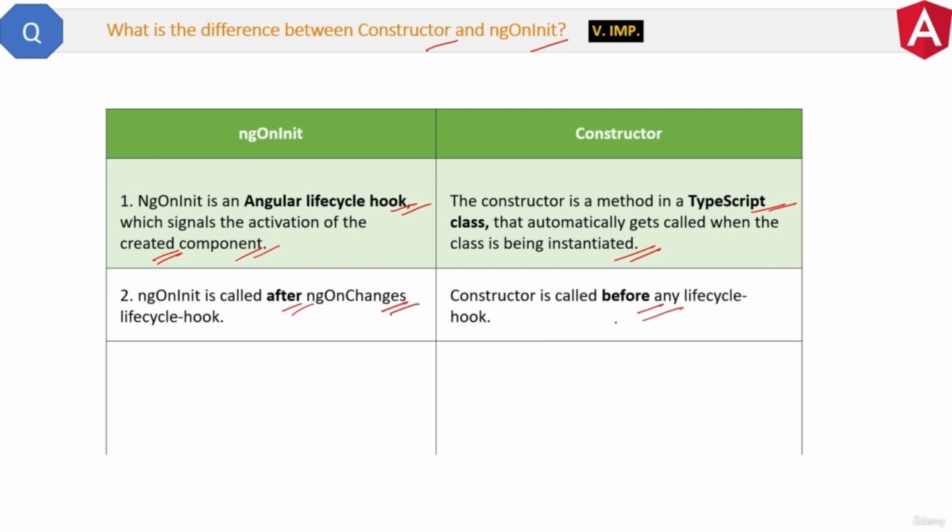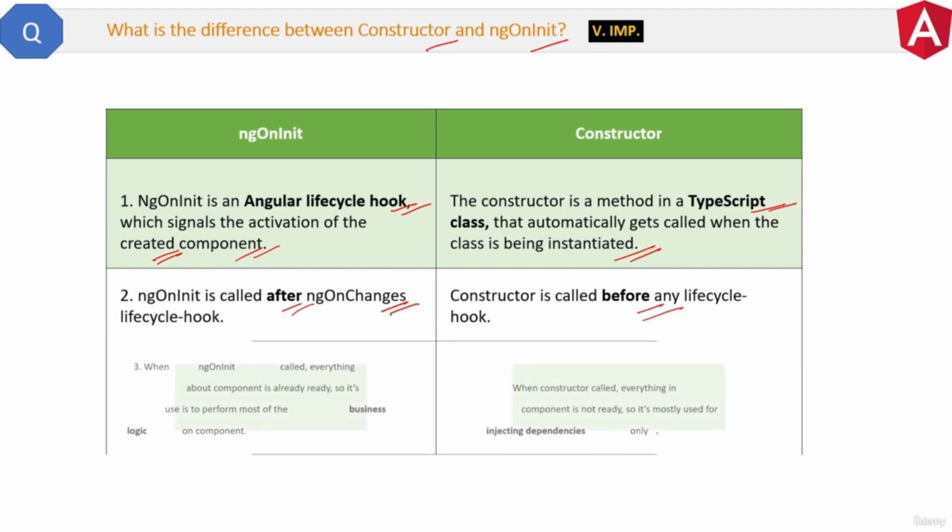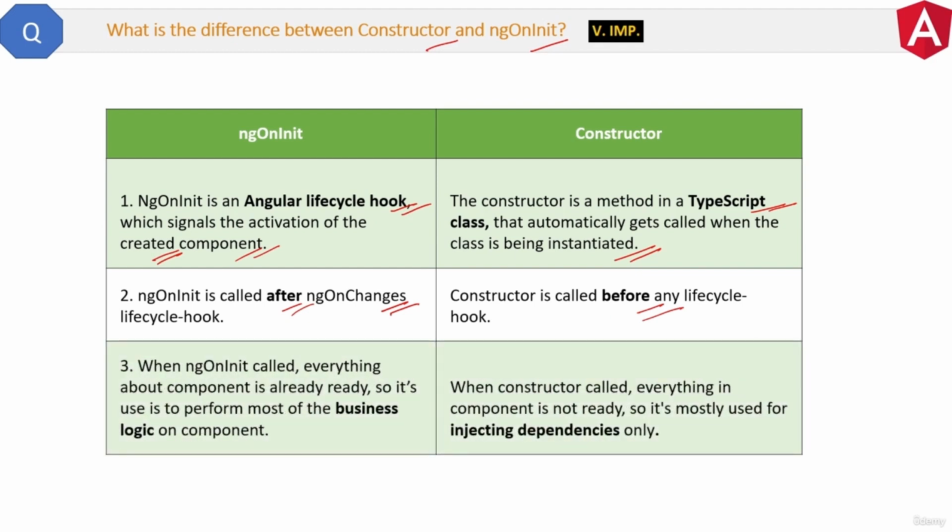Now the most important difference is when to use ngOnInit and when to use the constructor. This can be a separate question, and it's a very important one. When to use what for coding? When ngOnInit is called, everything about the component is already ready, or you can say it is already created.